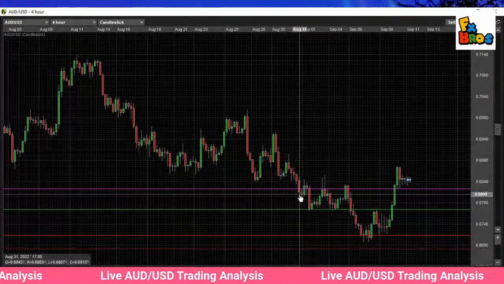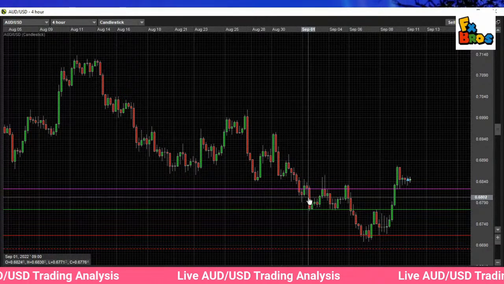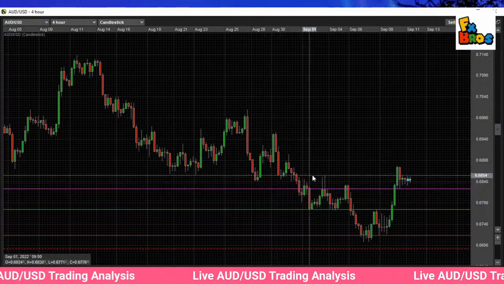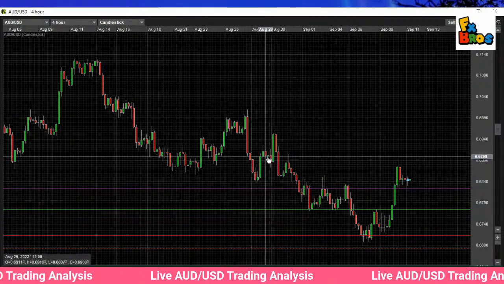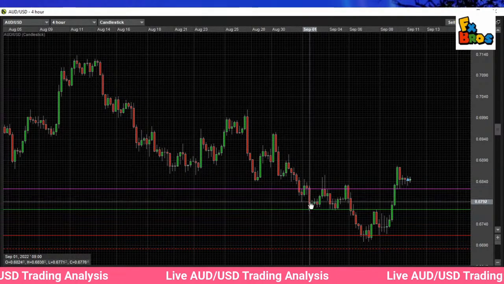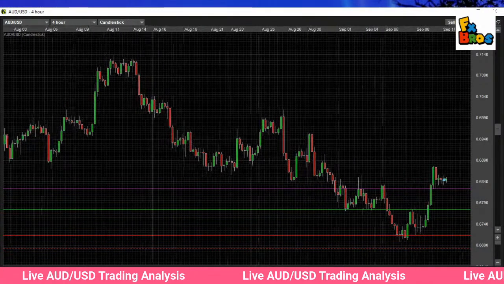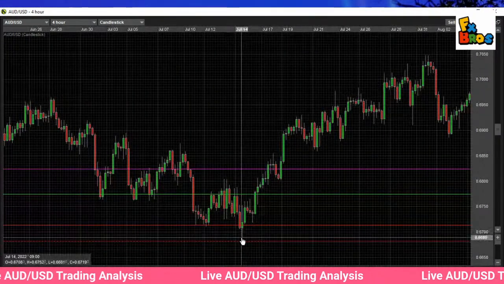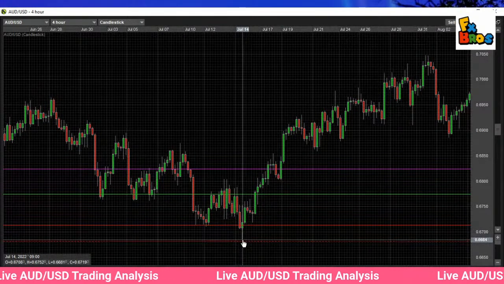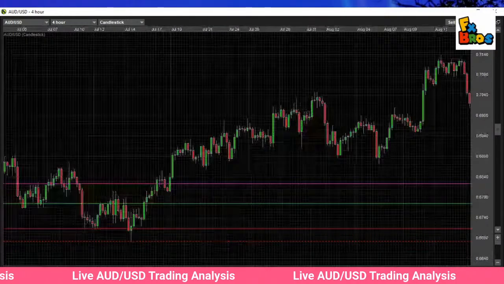And that got broken right about here on this candle, September 1st. I think that was a Tuesday. And then we consolidated from that point. Then we broke down as if we were going to attack the low of the year, the old low of the year from July 14th.